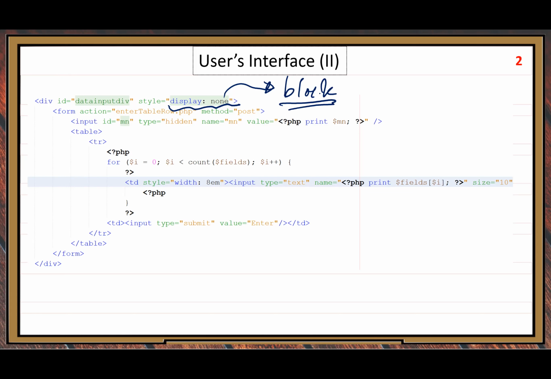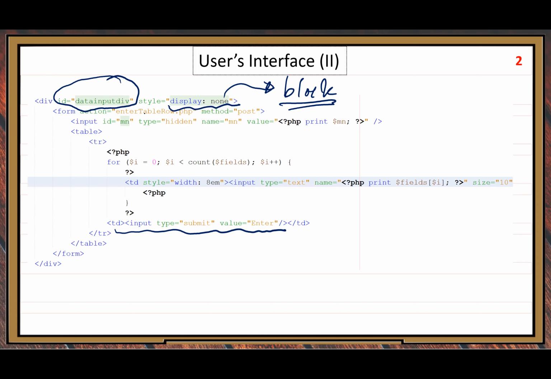Because I have the ID of this element, I can change it through this ID. When I change it to block, then you see this button, submit, the value enter.